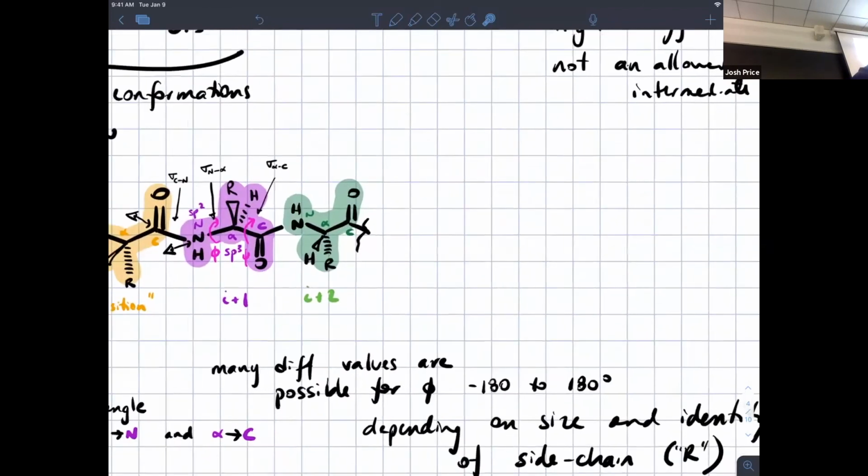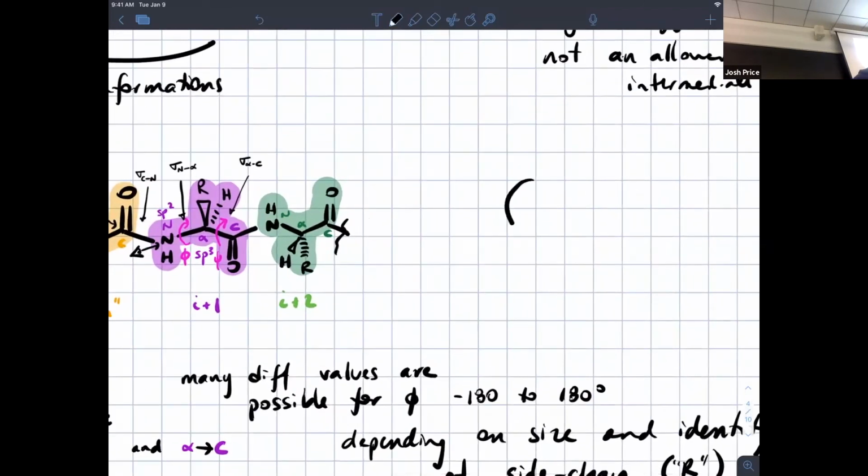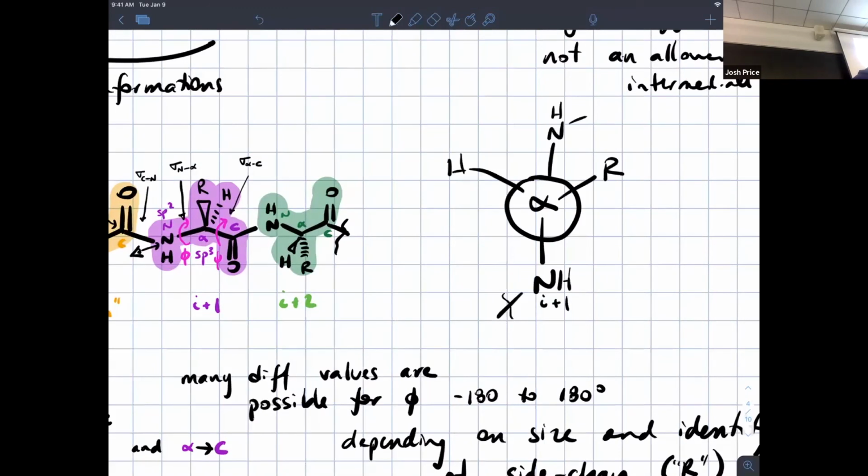If you look down that bond between alpha carbon and carbonyl carbon, here's the alpha carbon in front. Here's the amide nitrogen of the I+1 amino acid. Here's the side chain, here's the proton, and then in the back, you've got the nitrogen of the I+2 residue, and then the carbonyl oxygen.